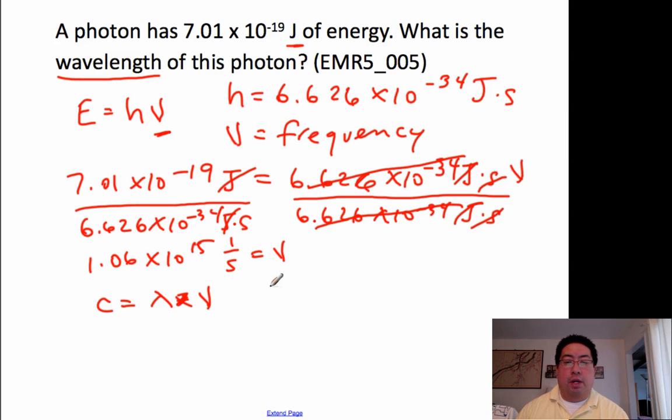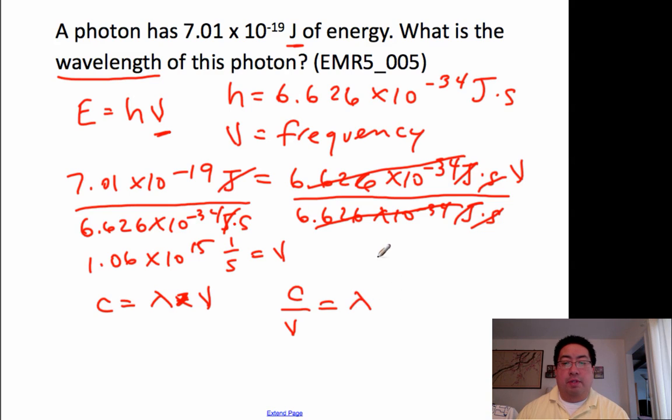And so what we're going to do here is we'll use the frequency to solve for wavelength. I had a little brain fart there, I forgot what the equation was. So to solve, this is going to be equal to C over nu equals lambda.